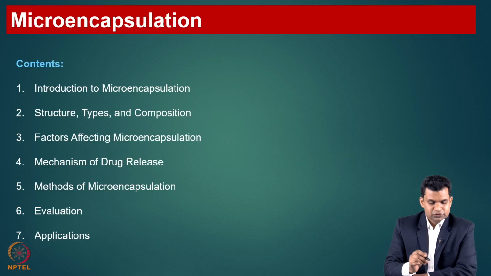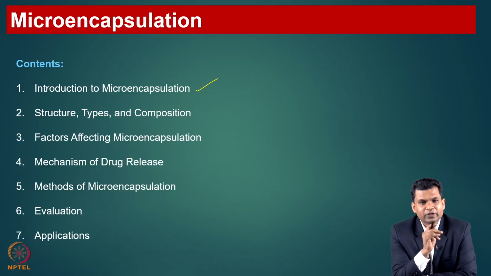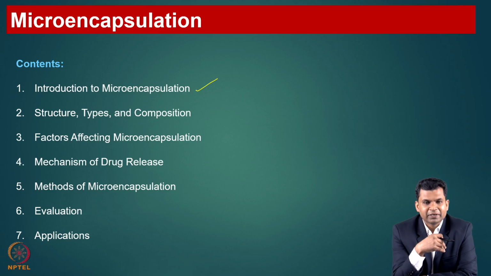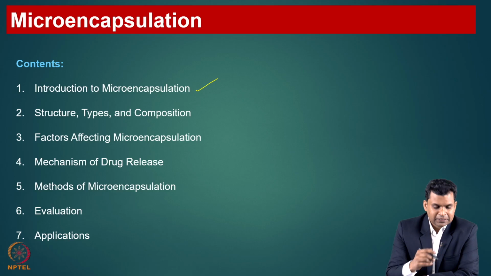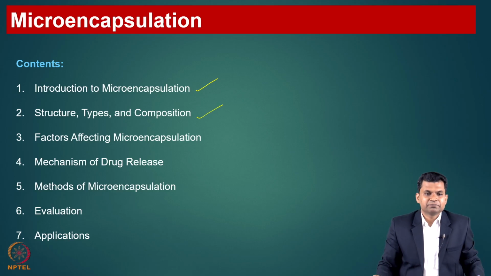So, this is today's flow of presentation. First, I will discuss what microencapsulation is and how we prepare various types of microencapsulations, and then we will focus on the structures, types and composition of microencapsulation systems.